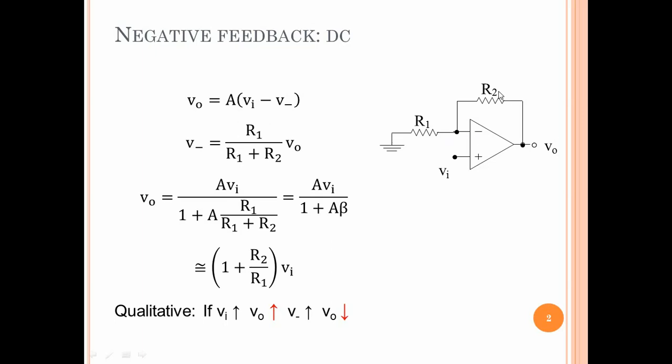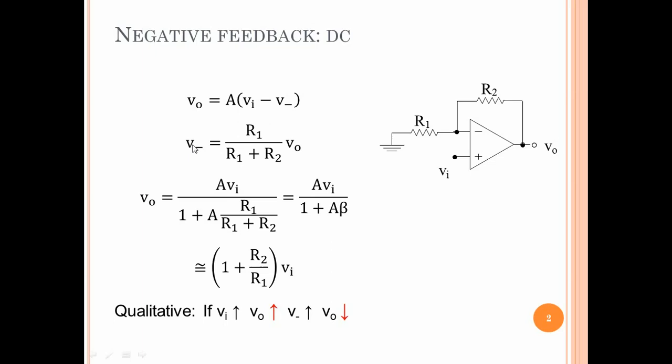Now, if you look at this R2 R1 path, then we see that V minus can be written simply by voltage division in terms of VO. So we say V minus is R1 by R1 plus R2 into VO. Of course, we are assuming that no current goes into the op amp. That is part of the assumption of ideality of the op amp.